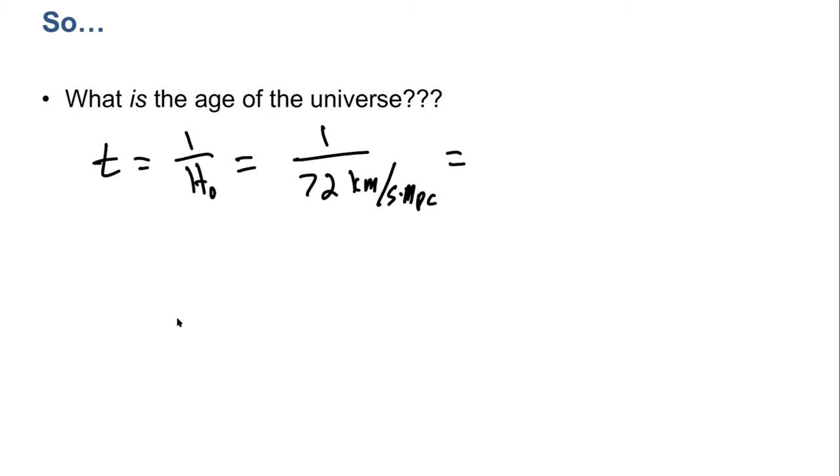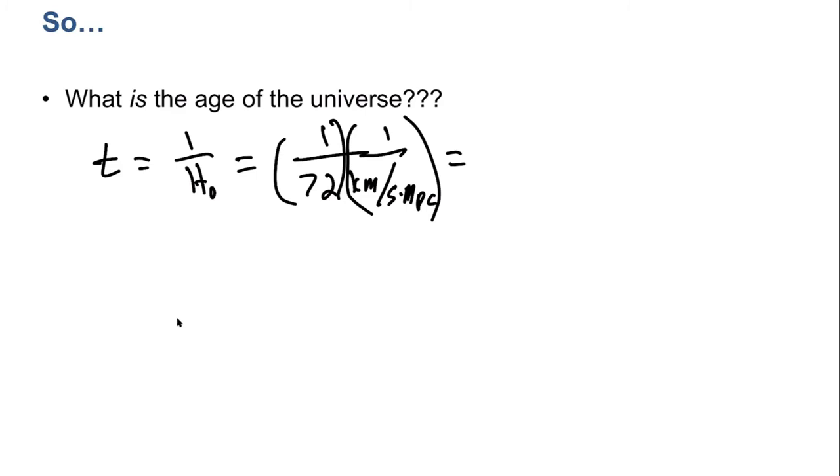What is 1 over 72? Here I'm going to do two things. I'm going to take the unit separately from the number. So I've got a 1 over 72 for the number, and I've got a 1 over kilometers per second per megaparsec for the unit. Let me think about the number first.